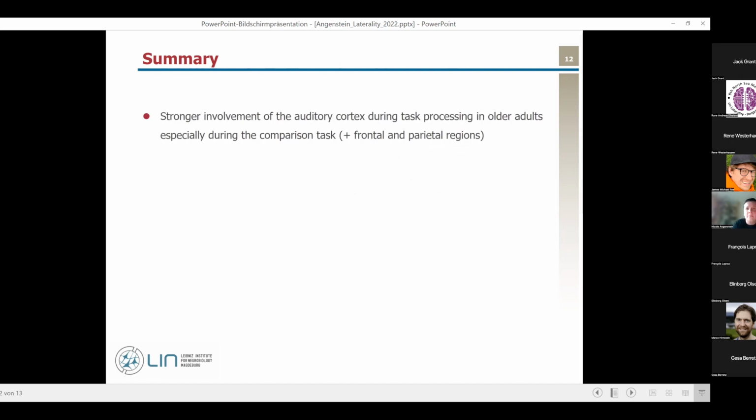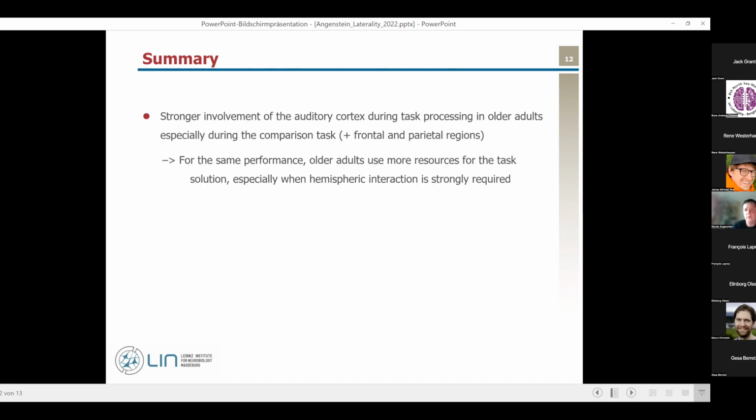So to sum up, I have shown you today that in older adults, there is a stronger involvement of the auditory cortex during task processing, especially during the comparison task. And we see also effects in frontal and parietal regions. So this means for the same performance, older adults use more resources for task solution, especially when hemispheric interaction is strongly required.